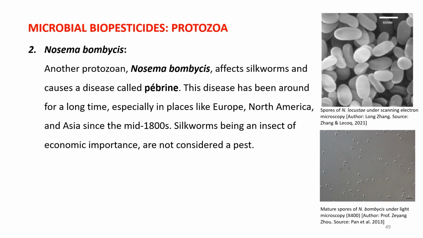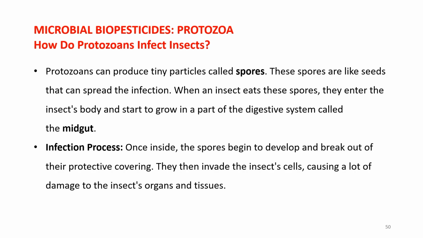Then we have Nosema bombycis, which affects silkworms and causes a disease called pebrine. This disease has been around for a long time, especially in places like Europe, North America and Asia since the mid 1800s. Silkworm, being an insect of economic importance, is not considered a pest, and in fact efforts are there to control Nosema bombycis infection.